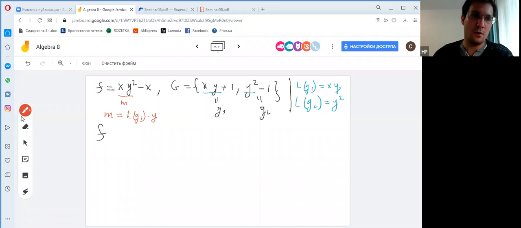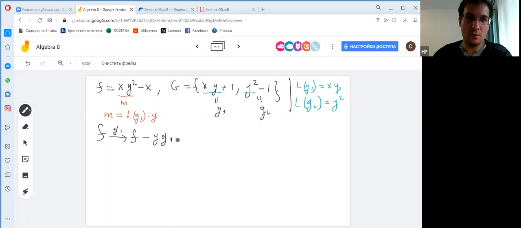Okay, we say that m equals the leading term of g1 multiplied by y. So we reduct f by g1, and it is equal to f minus y multiplied by g1.